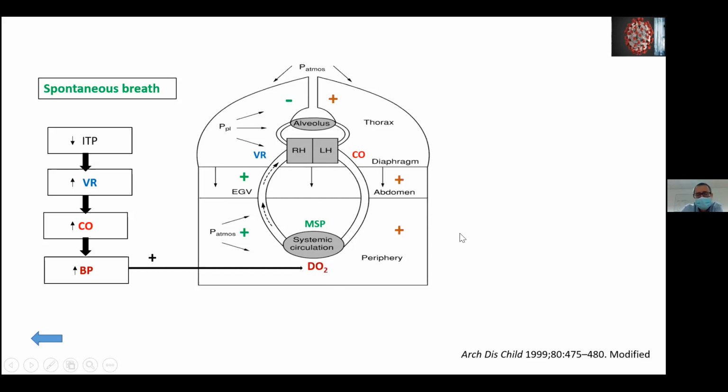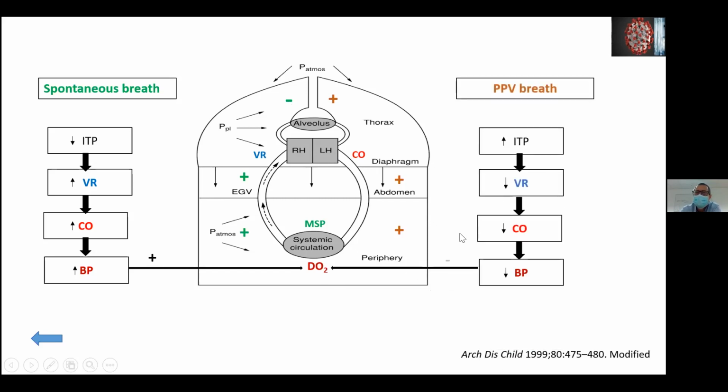But it is the opposite when you apply positive pressure ventilation. The ventilator is generating positive pressure within the patient's chest. It means the intrathoracic pressure increases, and all pressures in the cavity are positive.